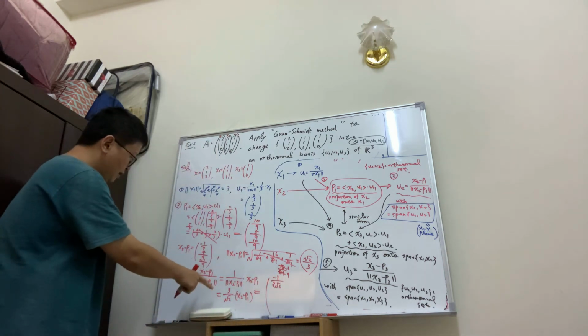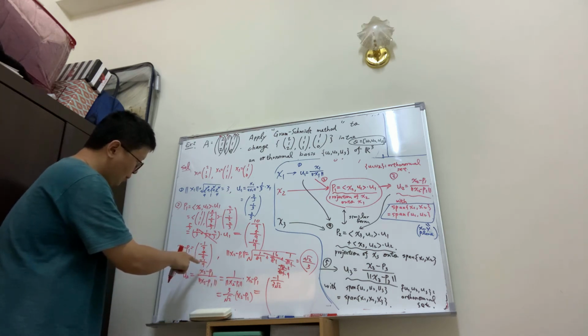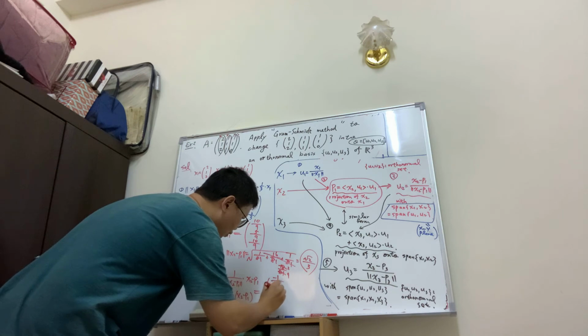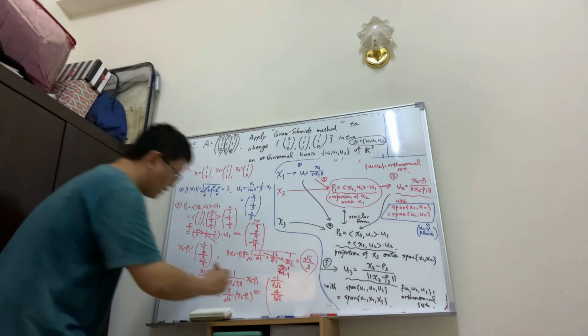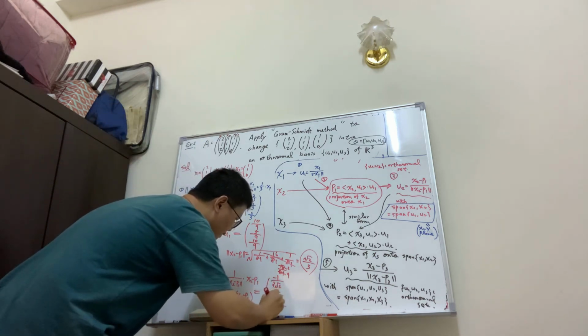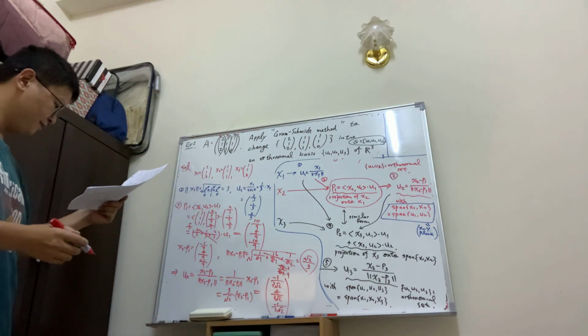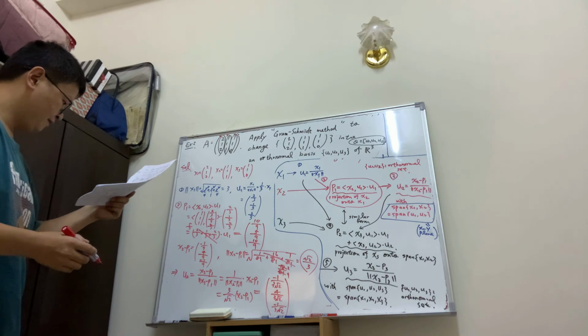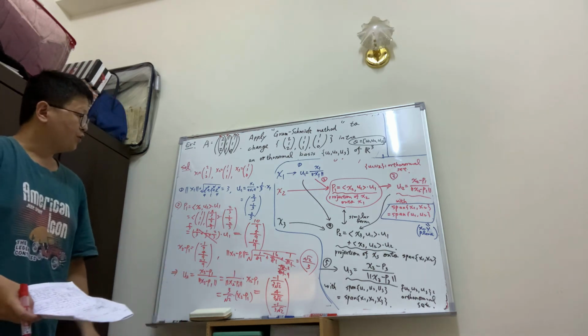Second entry, you divide by 3, so you have 4 over 3 times square root of 2. The last one, divided by 3, negative 1 over 3 square root of 2. This one. Okay, so it's vector U2.